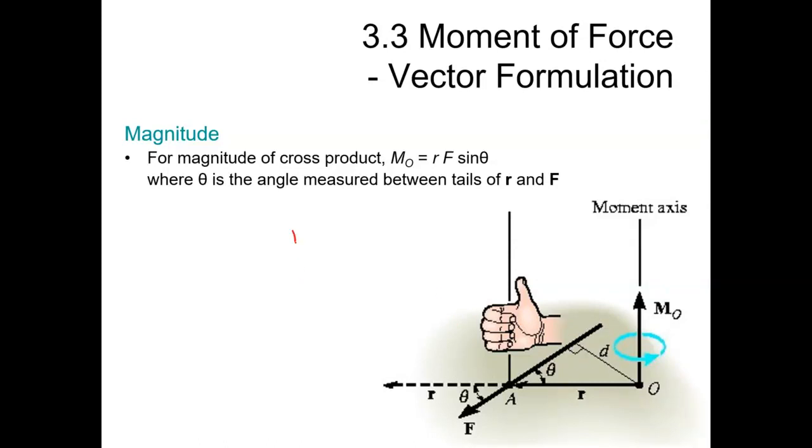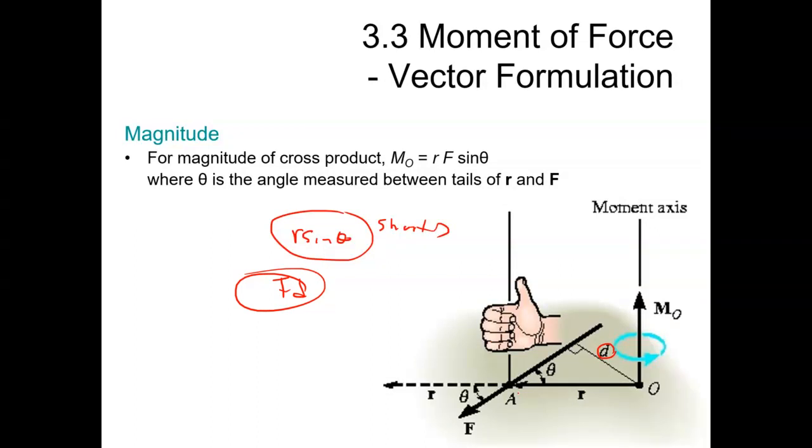The shortest distance is r sine theta. R sine theta, that's the shortest distance. This is the arm of rotation, which is d, multiplied by F, that is Fd. That's a scalar, right? The very same thing that we said in a scalar fashion.